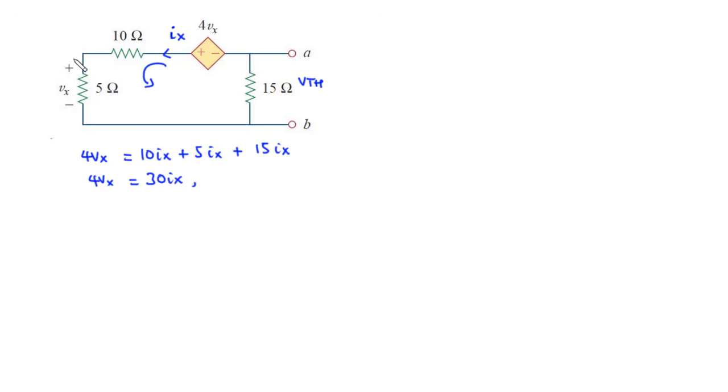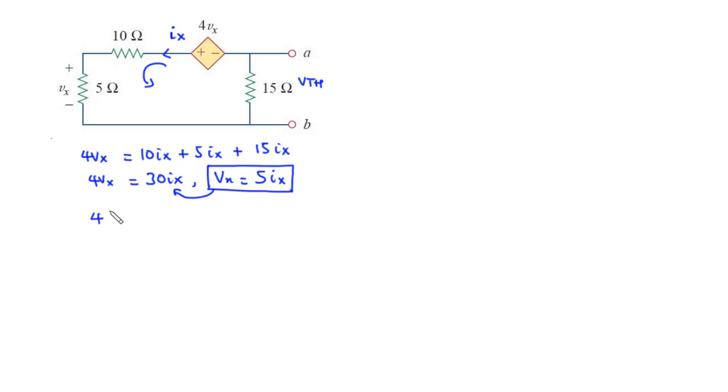Now we have Vx to be the voltage across this 5 ohms, and then Vx is equal to the value of the current flowing through this branch, which is Ix, times the value of the resistor. So that is Vx equals 5Ix. So let's substitute that into this equation.